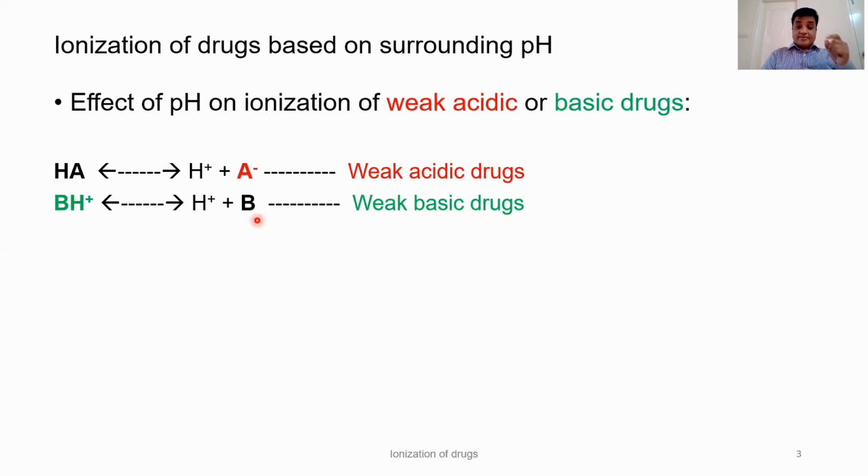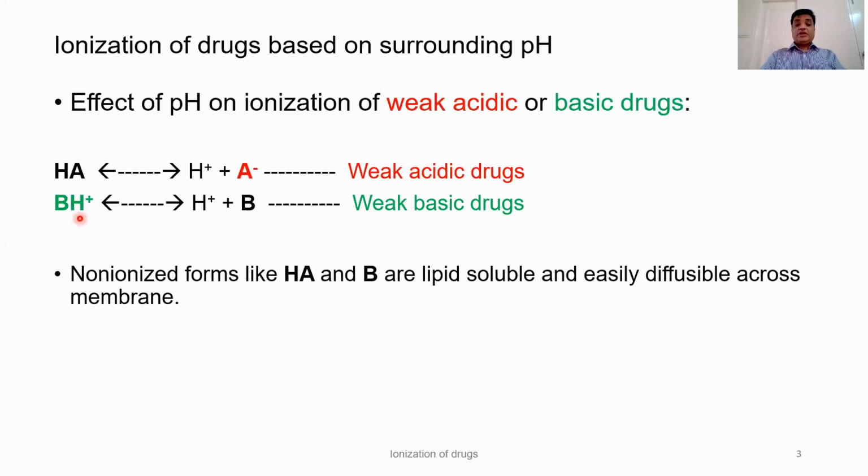A base is a substance which accepts protons, and when it accepts a proton, it becomes ionized. You have plus here, BH plus. And the base can be B, which is non-ionized, or with the charge, BH plus, depending on the surrounding pH.